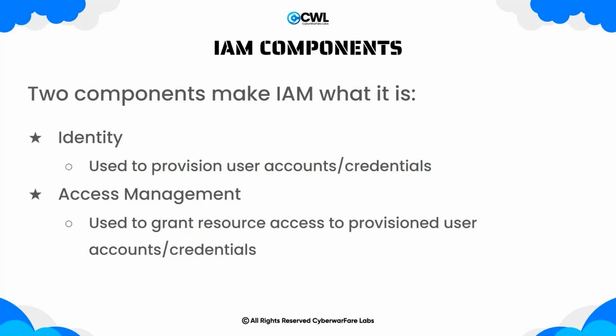With authorization, we manage the resource access, and it is only applied when a user is authenticated. So, once we verify that a user is who he is claiming to be, we can then determine whether we want to give him access or not, or whether he is allowed to get access to this thing or not.